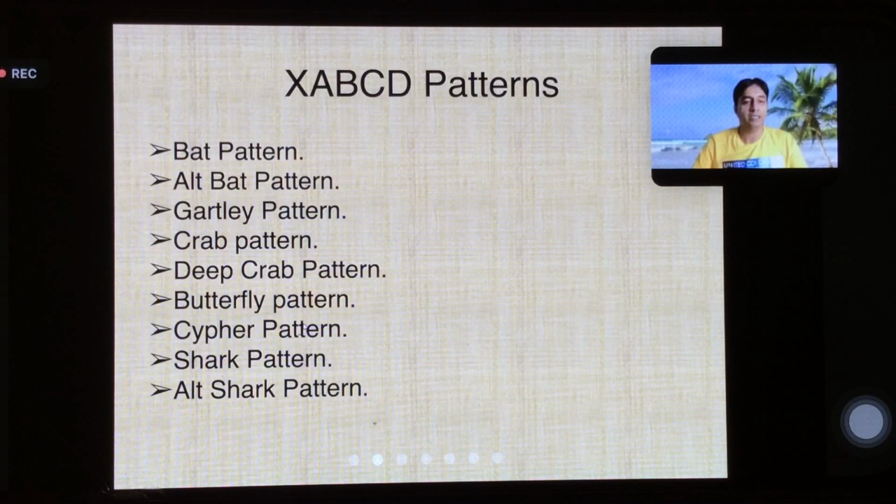These are the 9. The first 6, up to Butterfly, are in one group, and the last 3 are in the other group. How we define which pattern comes in which group, we will learn going ahead.